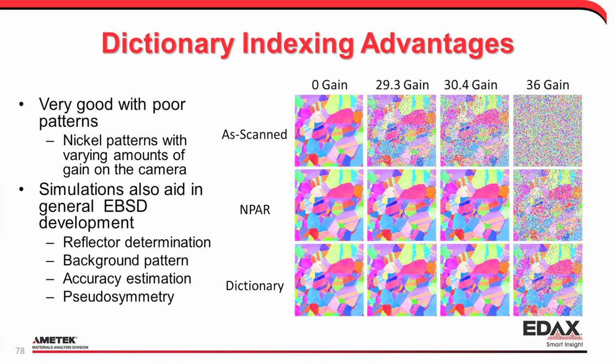And there are a number of new applications in terms of pseudosymmetry resolution, accuracy, and being able to determine reflectors, where this ability to match to a pattern has some unique applications. As our detectors become better, our matching becomes better, so these applications become more and more applicable.